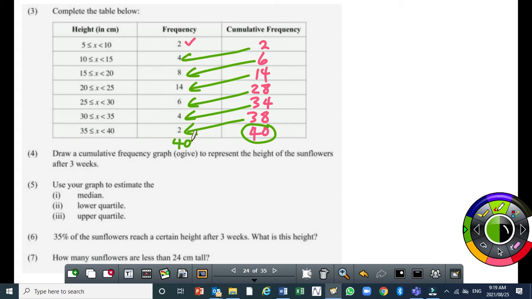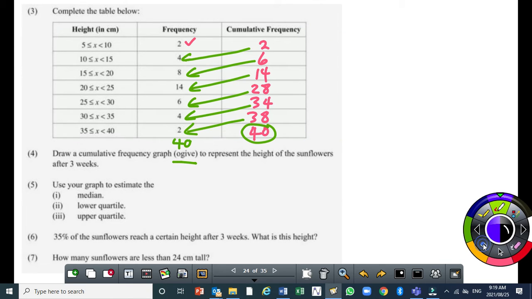Number 4, draw the cumulative frequency graph, which is also called the ogive, to represent the height of the sunflowers after 3 weeks. All right? So here, when we want to draw now, we add another column here.